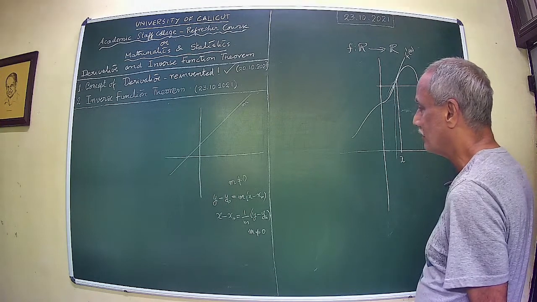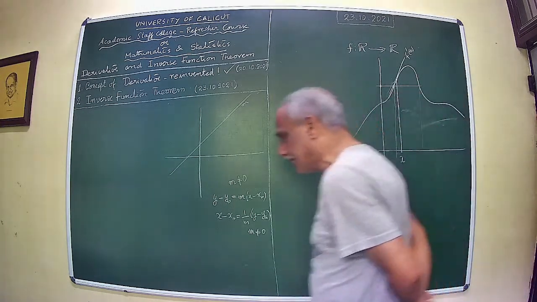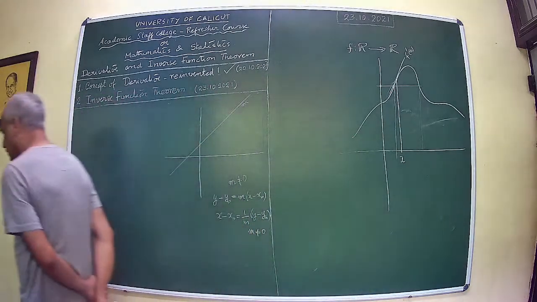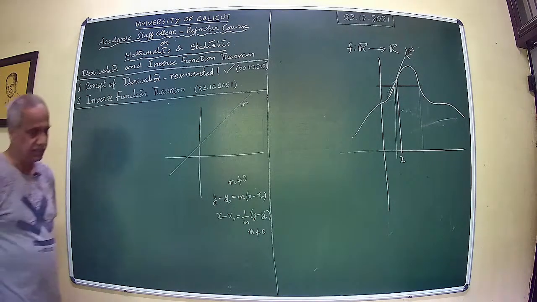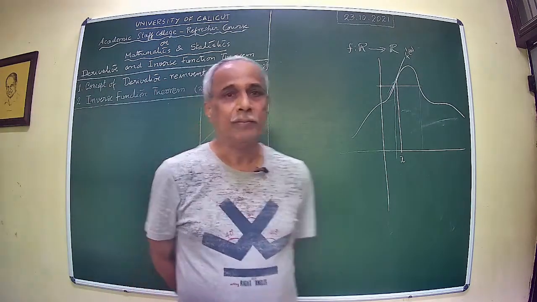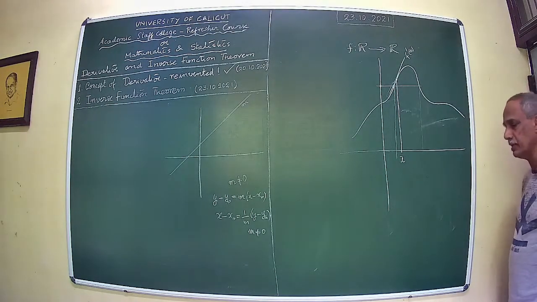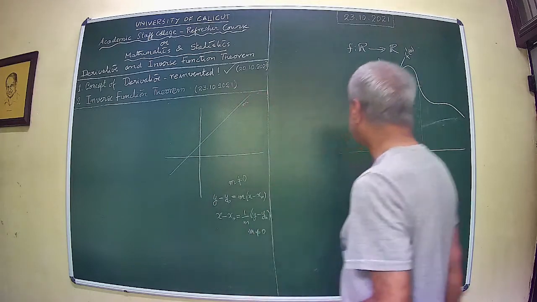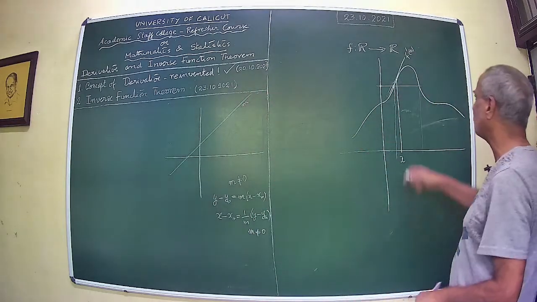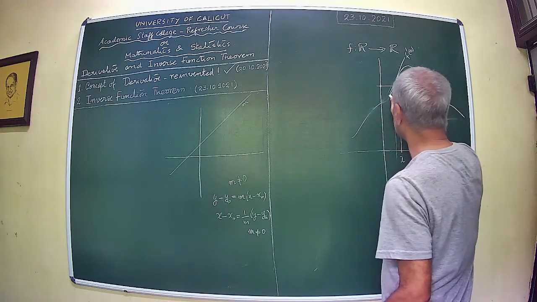Therefore, what could cause a problem is the breakdown of this monotonicity by having some maxima and minima, extremal points where the derivative vanishes. So avoid those points. Suppose I draw the graph like this.